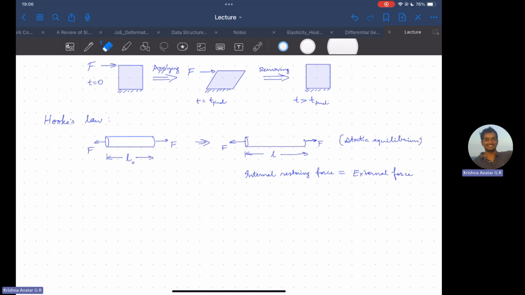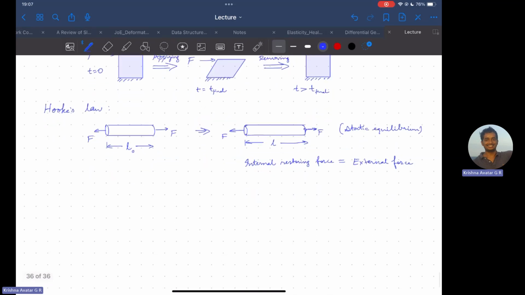Which means to say that, right? What happens is we have a change in length.